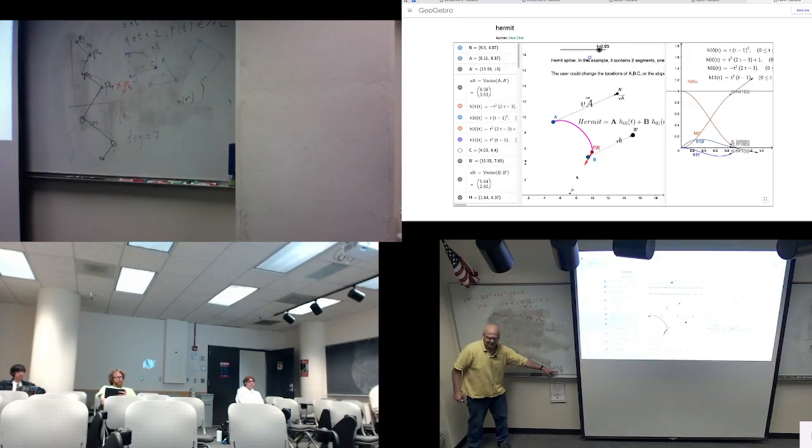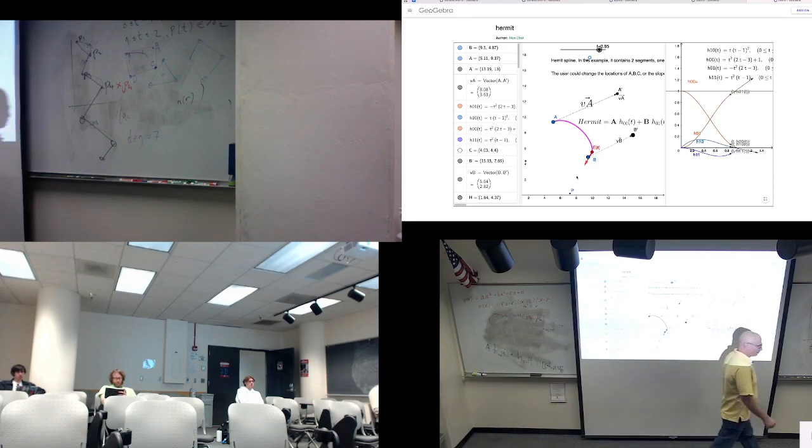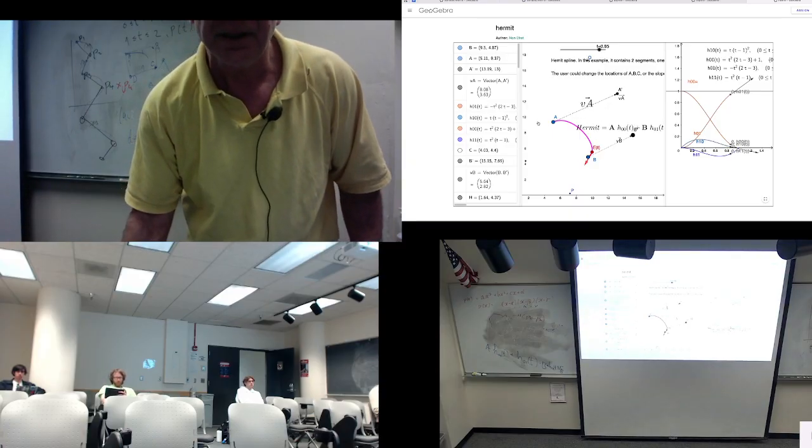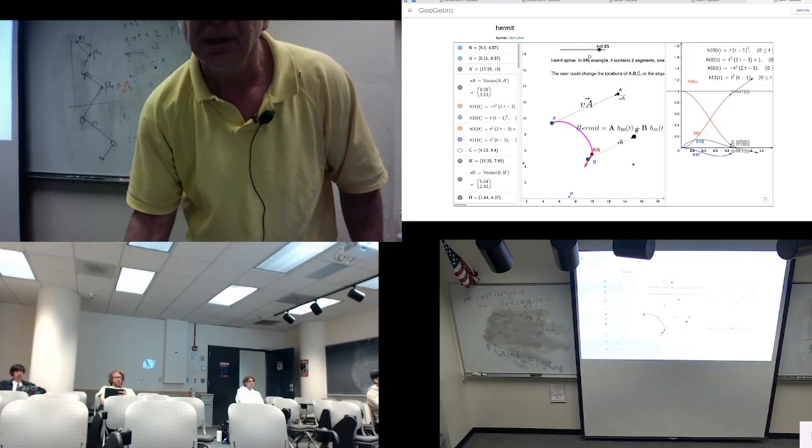At t equals 1, it's 0. So it doesn't have any impact on where the curve starts and stops. But why do I need it? And here is the whole Hermite curve. Hey, move.